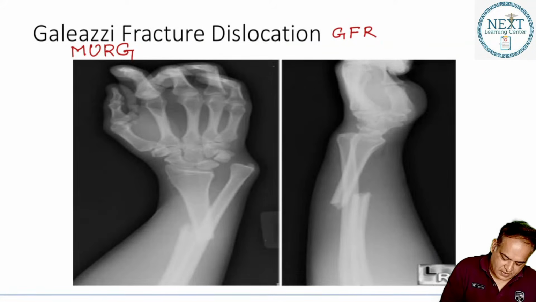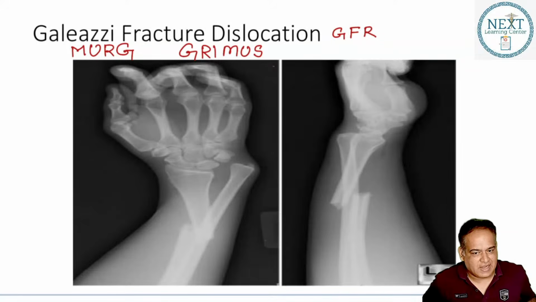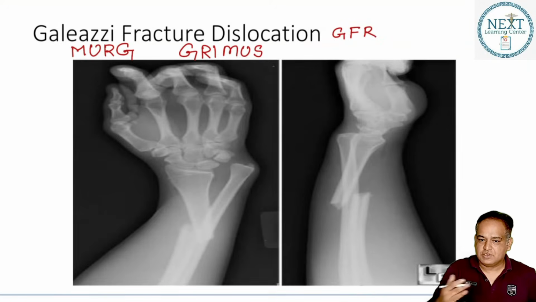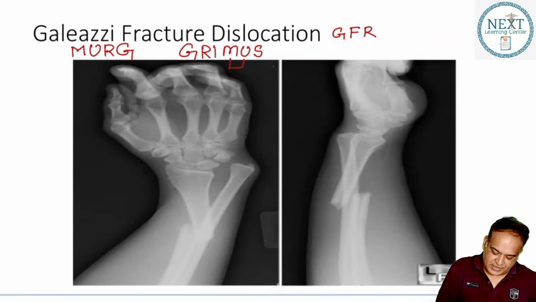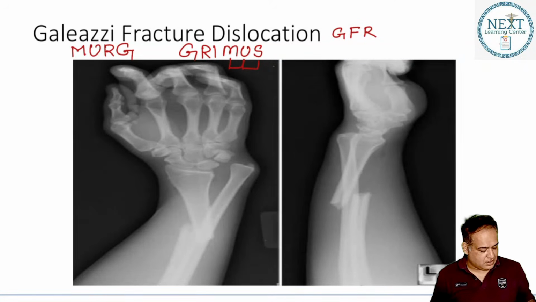Then you see there is another mnemonic called Grimus. Galeazzi will fracture the radius at inferior position. Inferior means distal position, right? And Monteggia will fracture the ulna at superior position. That's the way to remember Galeazzi fracture.